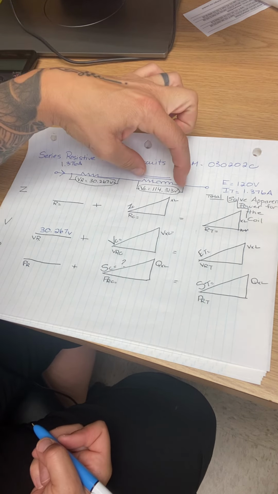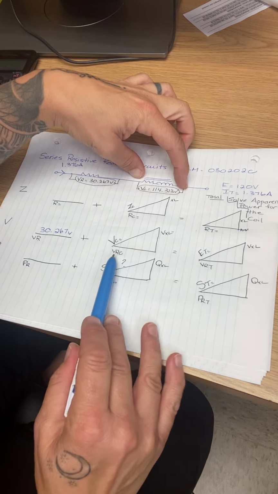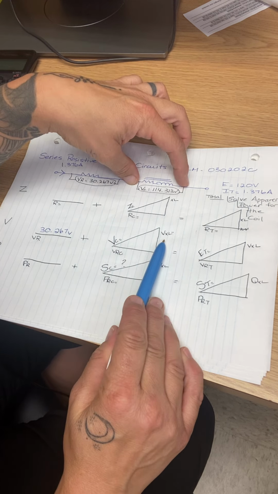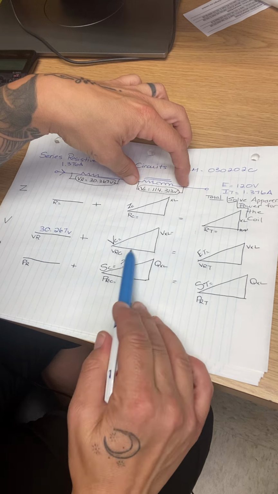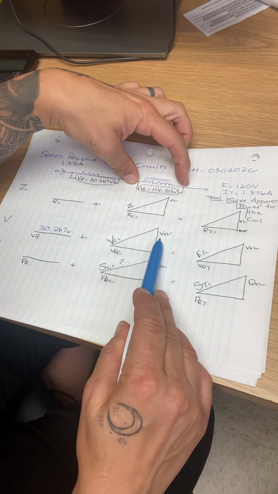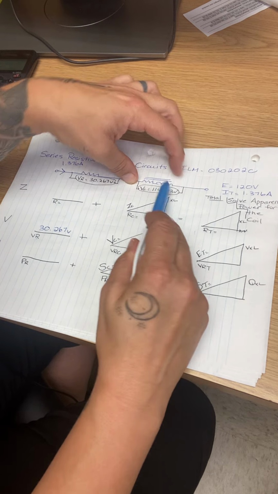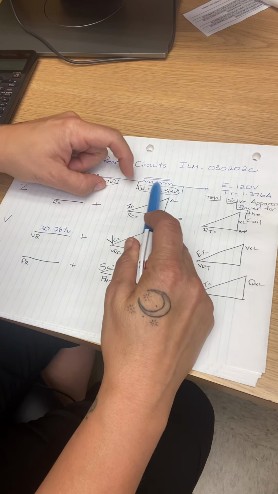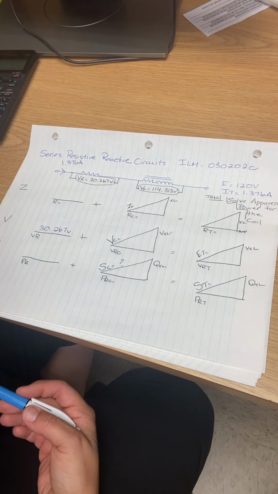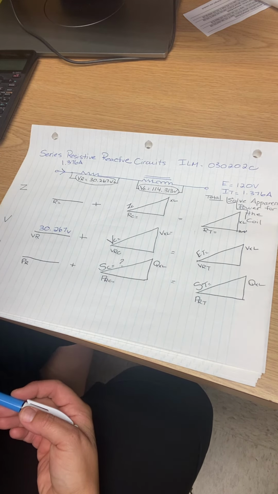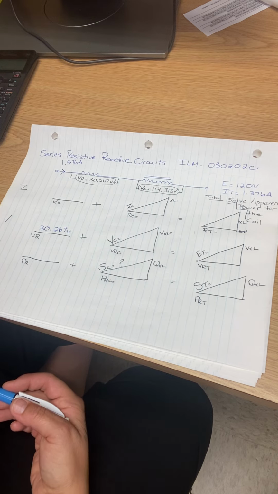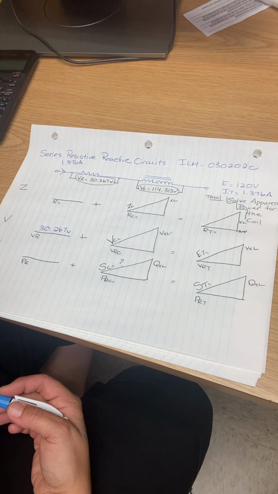Then the volt drop across the coil. So I want you to be mindful that a coil incorporates an in-phase volt drop as well as an inductive reactive volt drop, and those are 90 degrees out of phase with each other. But to actually physically put your multimeter in there and get a volt drop across the coil as opposed to a volt drop across the resistor, you would have to be inside of the housing of a motor per se. So a motor is a good example of an inductor. When you are doing a volt drop across a motor, typically you do not have access inside of the housing.